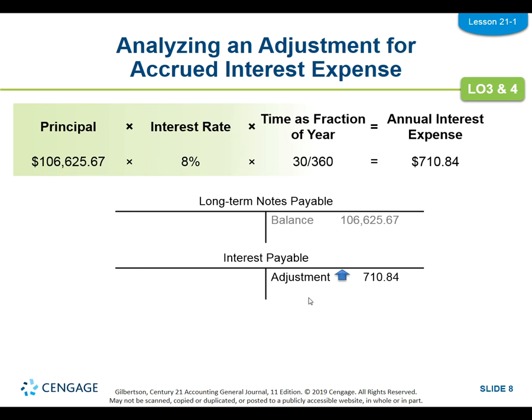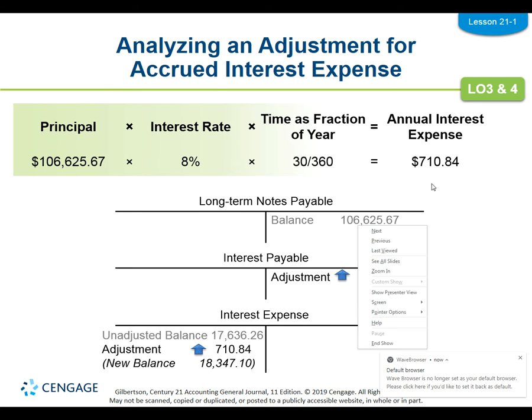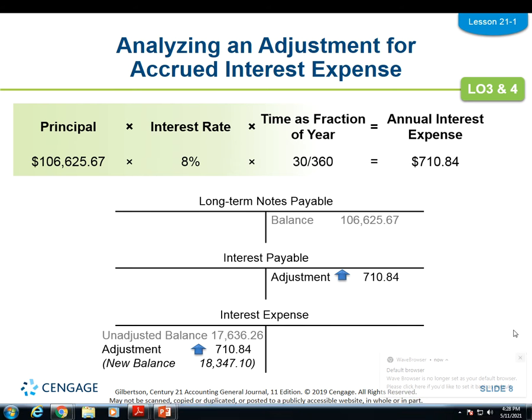Here is a long-term notes payable. So it's a little bit longer. It's 30 days out of 360 days of the year. And you are going to record this. The interest payable, you're calculating the amount of interest, is going to be a credit to interest payable. And you're going to debit the interest expense for the amount of interest that you have calculated right here.